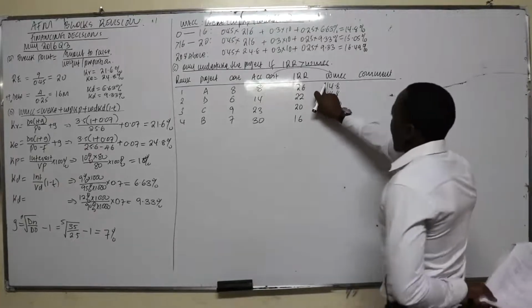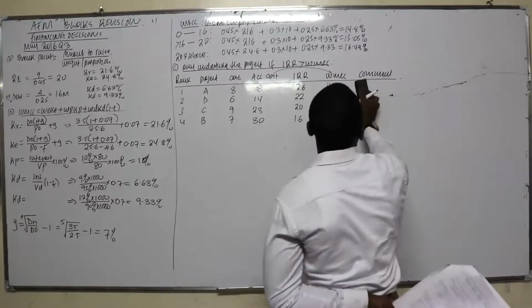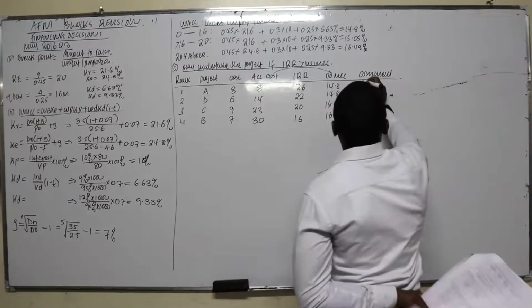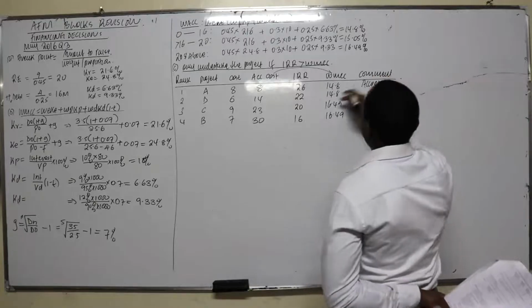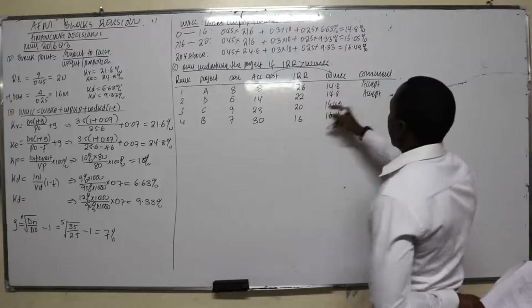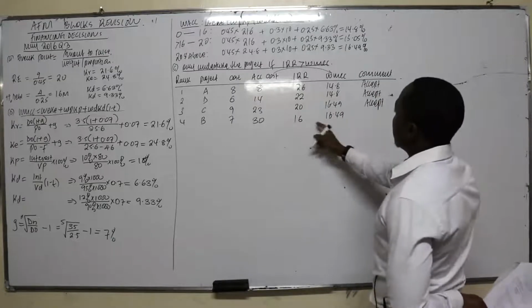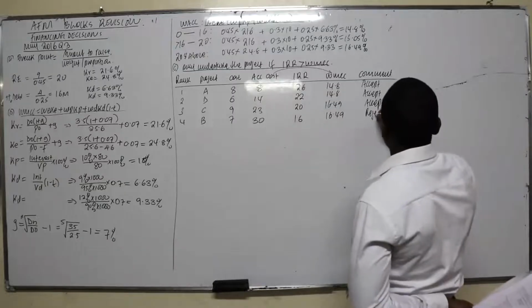26 against 14.8: accept. 22 against 14.8: accept. 20 against 16.49: accept. What about this one? 16 against 16.49: reject.